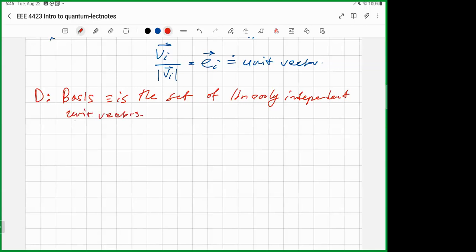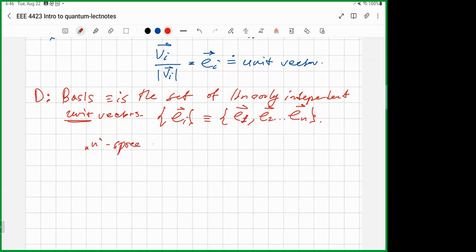The word unit here is key. We denote the set by these curly brackets, {e_i}, and this is a set, right? So it's the vectors e1, e2, all the way up to en, and here n is the space dimension.